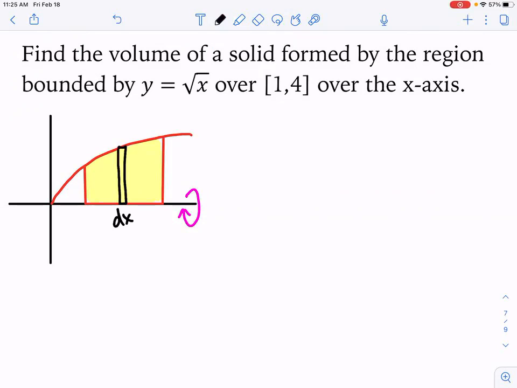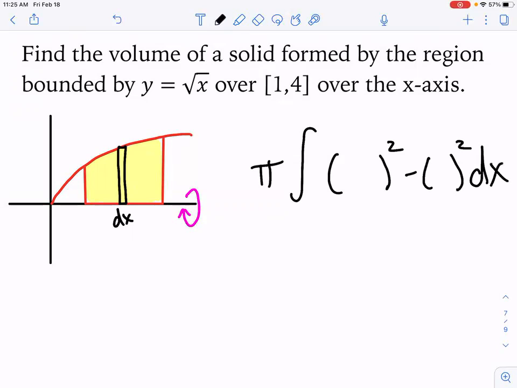Okay, so we have pi times the integral of r squared minus r squared h, and h is our dx. Our limits of integration, what would they be? 1 to 4, easy.